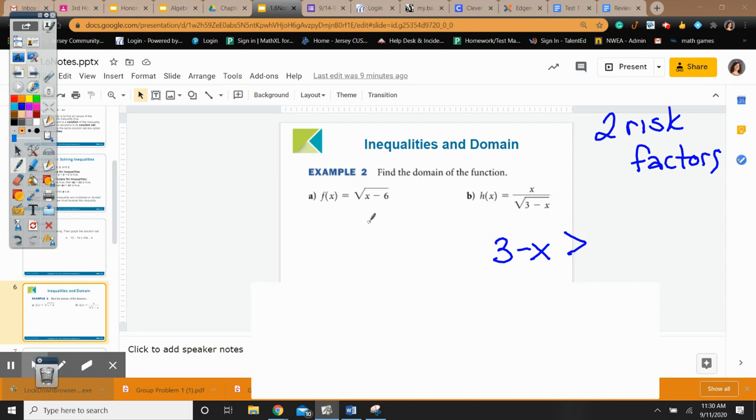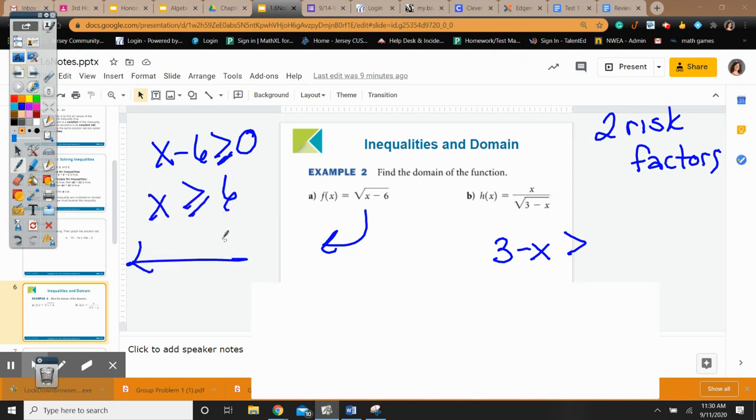I'm sorry. I said x minus 6 had to be greater than 0. It actually could equal 0. So that would have been x has to be greater than or equal to 6. Solid dot. Because square root of 0 is just fine. So I apologize. I messed that up. So 6 to infinity with a square bracket.